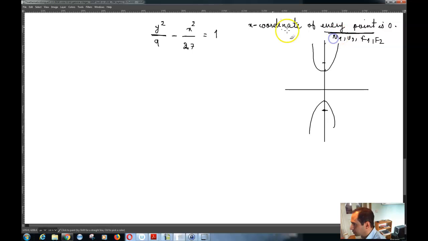So what I mean is, for example, the x coordinate of v1, v2, f1, f2 is 0. And now this is a mathematically acceptable statement which has no ambiguity. That's important about such statements, meaning that it's not a good idea to use words loosely, because you will end up harming yourself and everyone else around you.